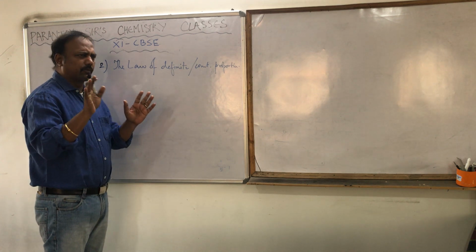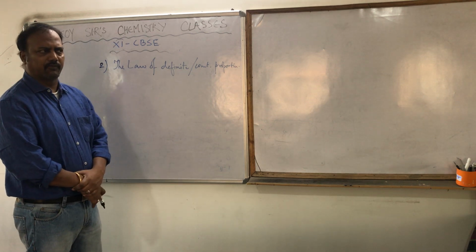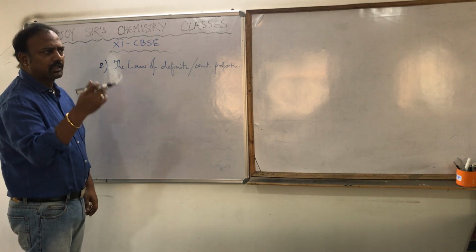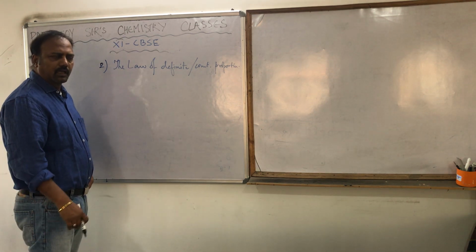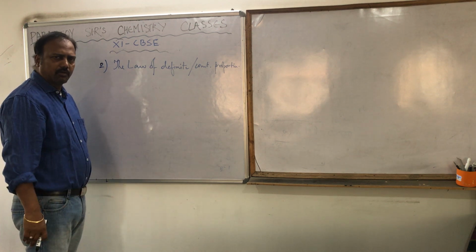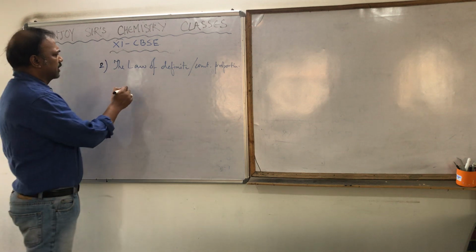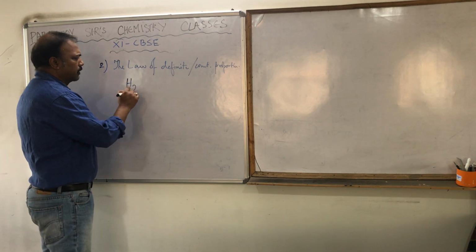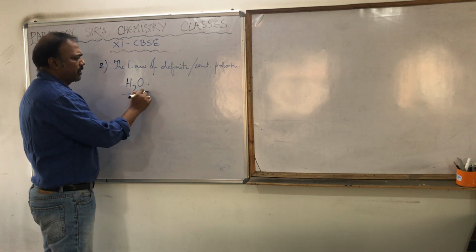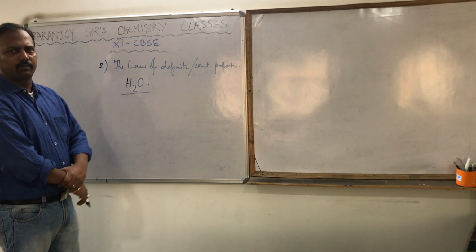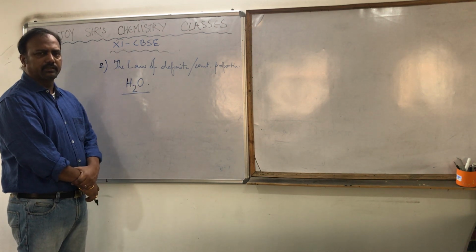For example, the sentence might look a little clumsy. If I give an example and you understand it, you can frame your own sentence. Suppose we talk of a simple compound, water. Water is formed from the two elements, hydrogen and oxygen, right?